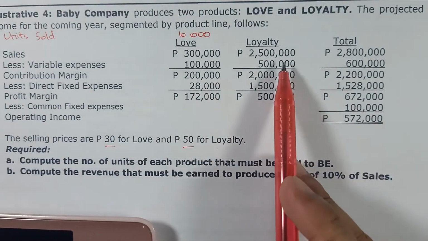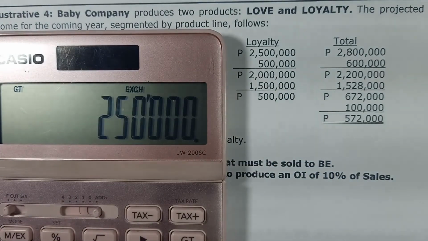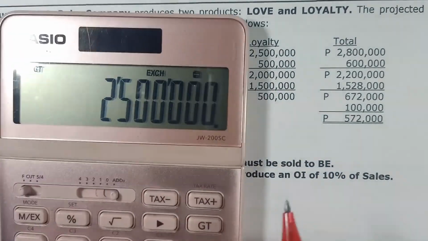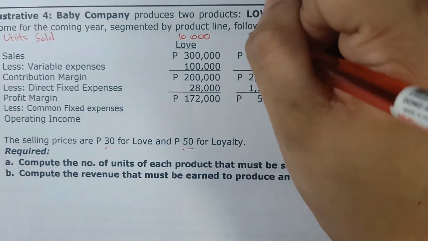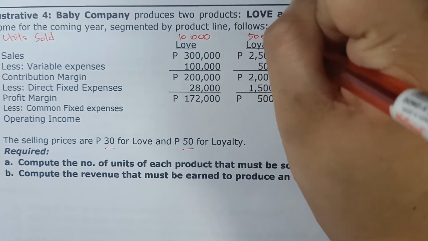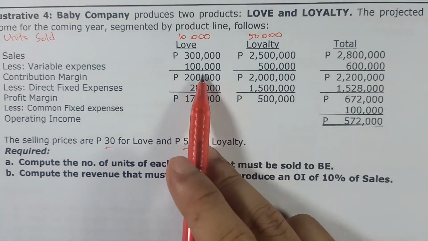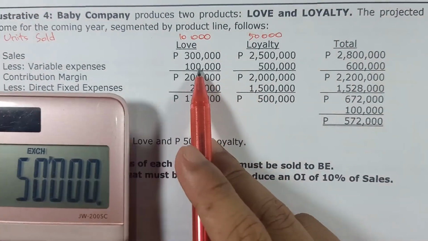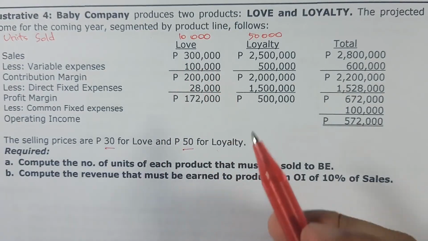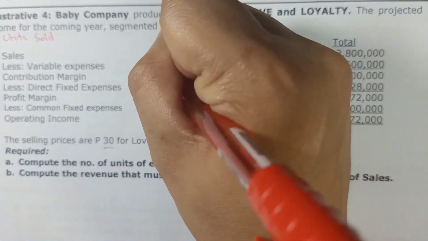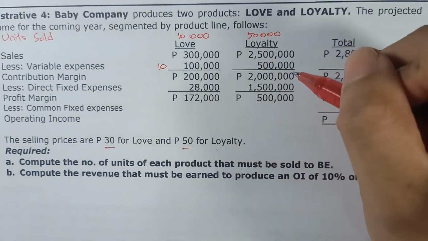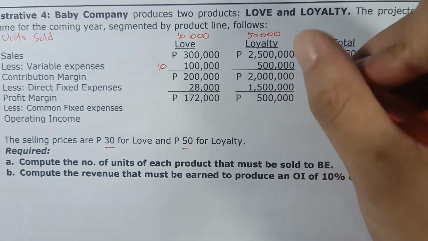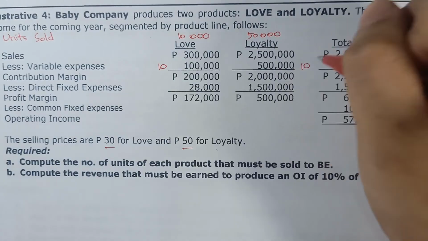Ilang loyalty na benta natin? 2.5 million divided by 50 pesos, or this is equal to 50,000 units. Right? So, magkano ngayon yung variable expense per unit? Alamin natin, 100,000 divided by 10,000. Of course, that's equal to 10 pesos. And for loyalty, that's equal to 500,000 divided by 50,000, or that is also equal to 10 pesos.